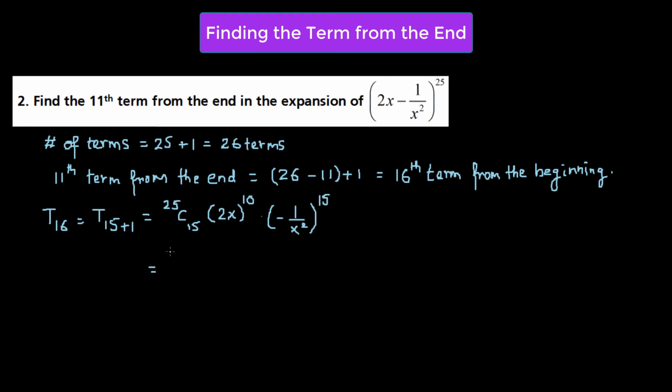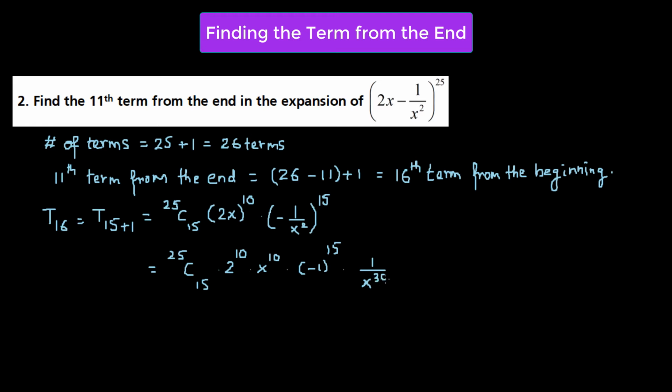Now we simplify the values. So 25C15, we have 2 raised to the power of 10 times x raised to the power of 10. We pull out the negative 1. So we have negative 1 raised to the power of 15 times 1 over x squared raised to the power of 15, which will be simply 2 times 15.